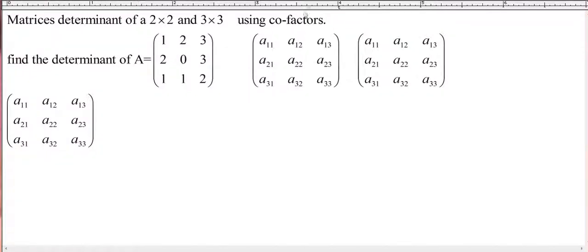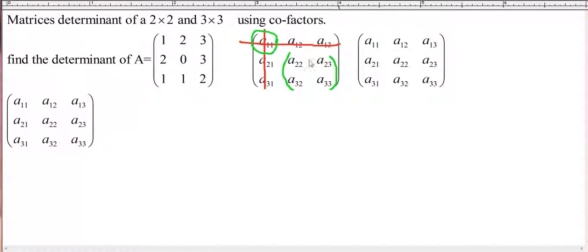Then we cancel one column and one row, and we see that our lines intersect at the first entry. And then we have a beautiful 2 by 2 matrix here that we can work out to get the determinant.